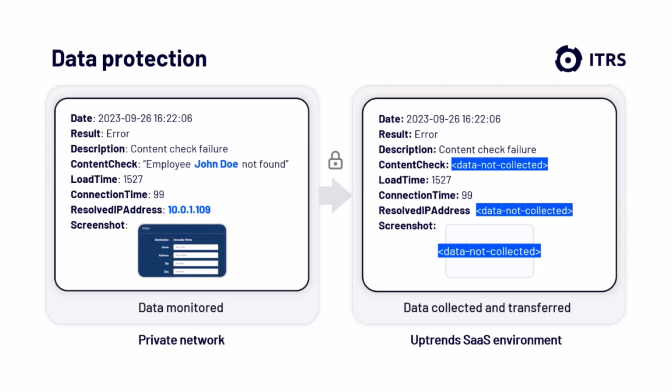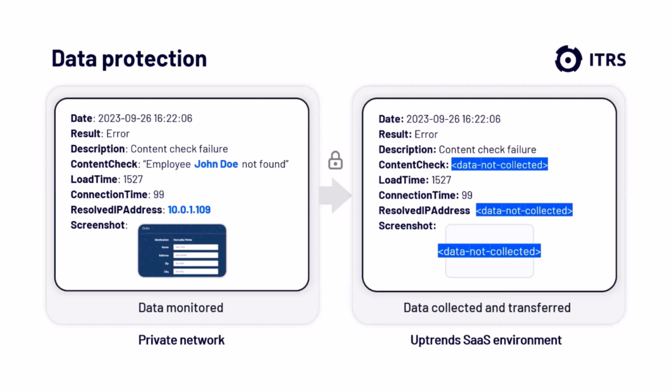So use our built-in data protection filters to say which data parts should be left out of the monitoring. So for example, screenshots, page content, and IP addresses, those can be marked as sensitive separately. And then that data will not be collected and will therefore not be sent to Uptrends Cloud. But the monitoring will still be meaningful.